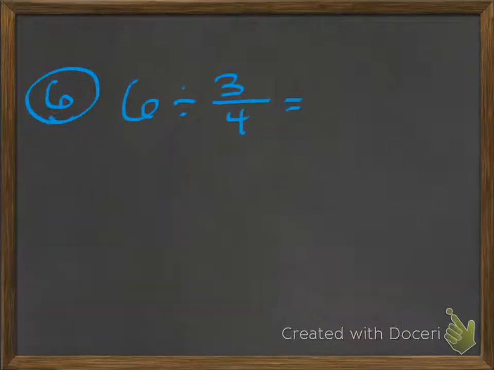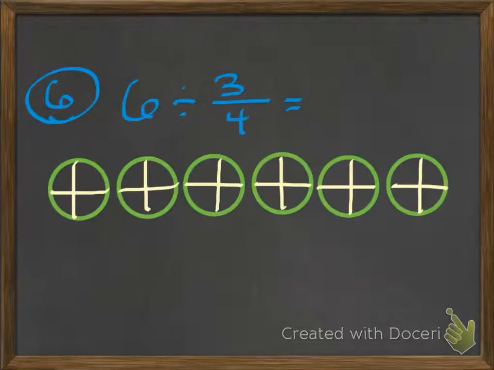Number 6, 6 divided by 3/4. Okay, so I've taken 6 circles here. I've cut them into fourths, and I'm going to see how many 3/4 there are in there.